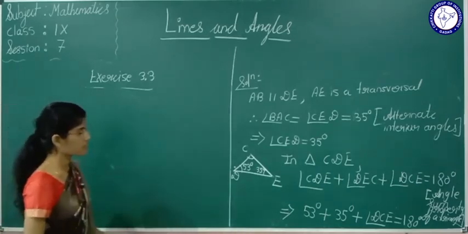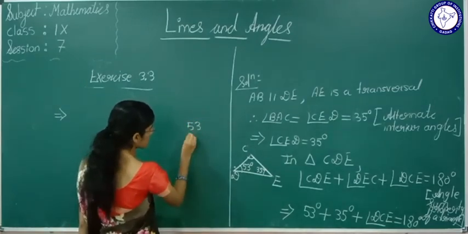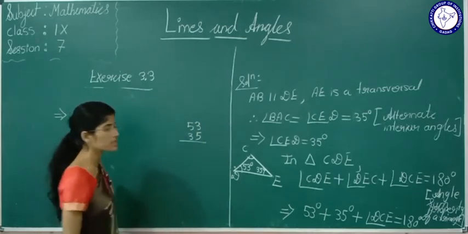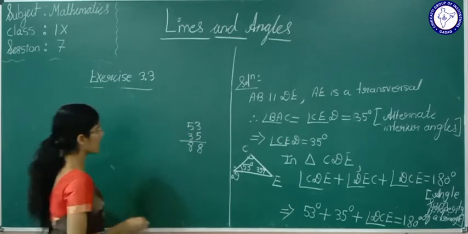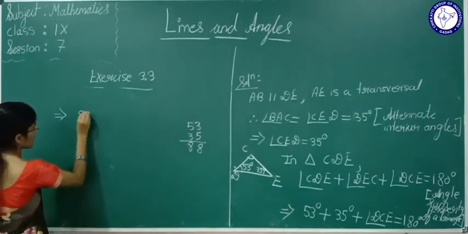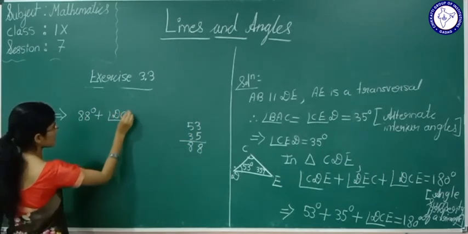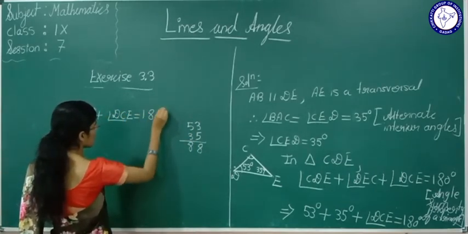What is 53 plus 35? 5 plus 3 is what, students? 5 plus 3 is 8. We got 88 degree. 88 degree plus angle DCE is equal to 180 degree.